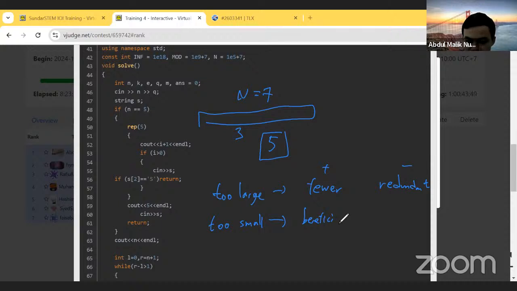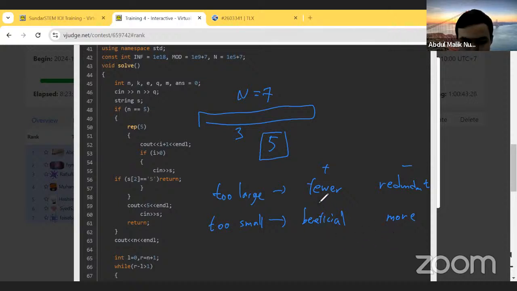It's not redundant. But unfortunately, the bad news is the number of possible answers is more than this, right? More possible answers.